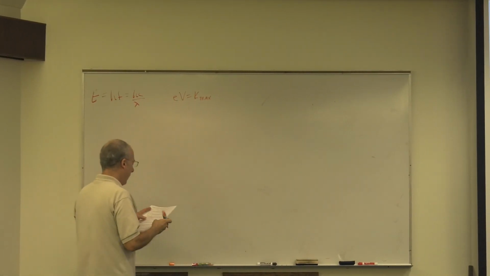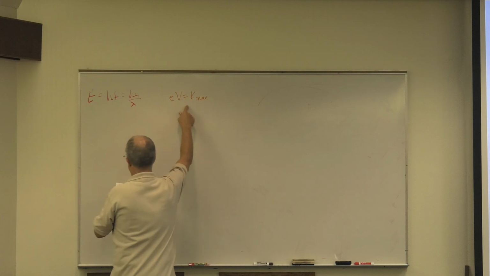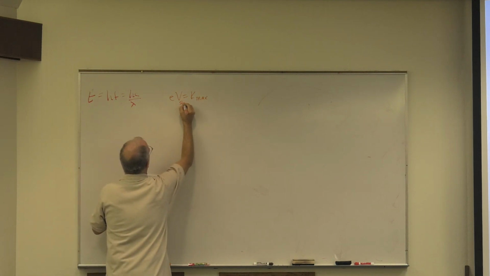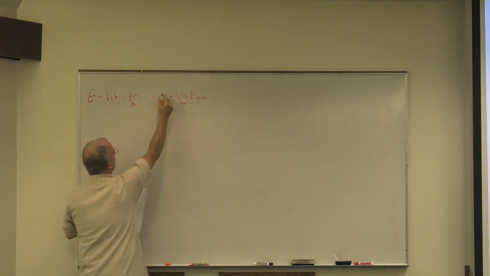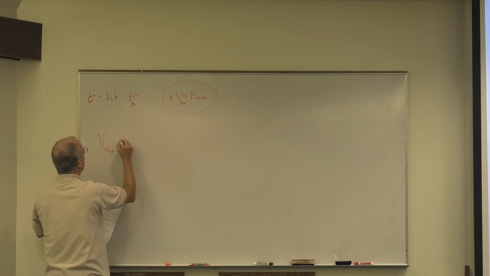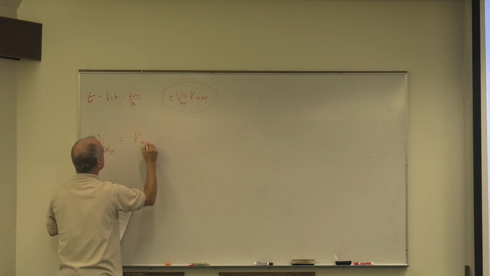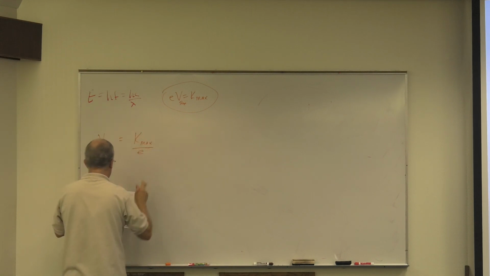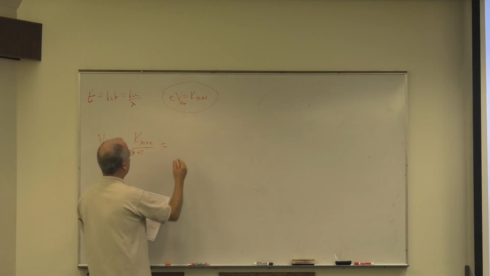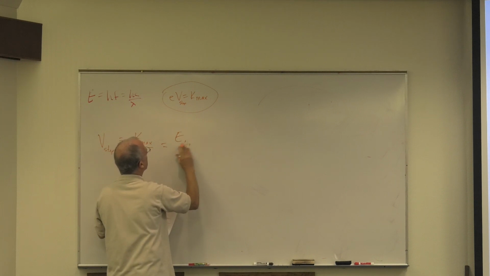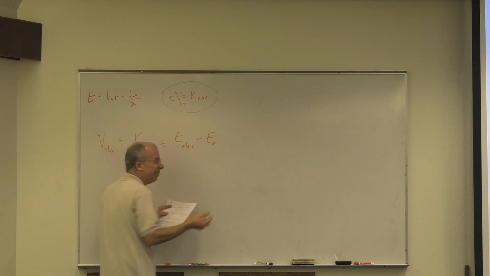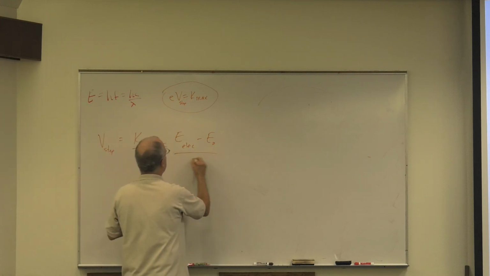Okay, so this is supposed to be V-stop, sorry. We have V-stop equals K max over e. Now what is K max? It's just the energy of the electron minus the work function, over e.